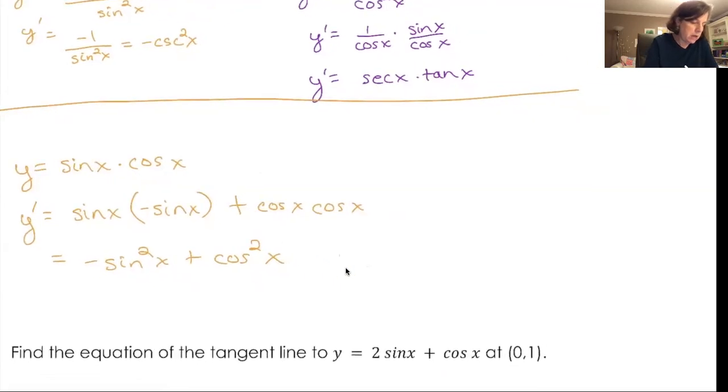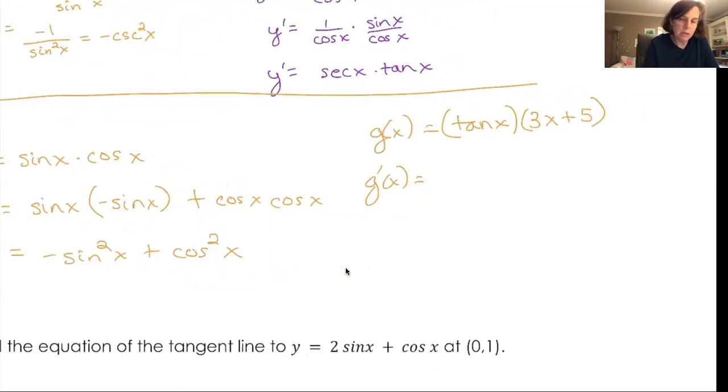Let's say you had g of x is equal to tangent of x times 3x plus 5. If I'm going to take its derivative, I'm using the product rule again. So I'm going to first of all leave the first function, just tangent x.